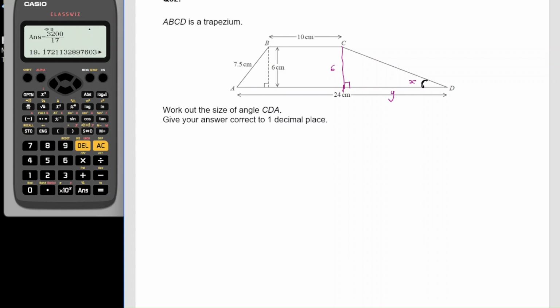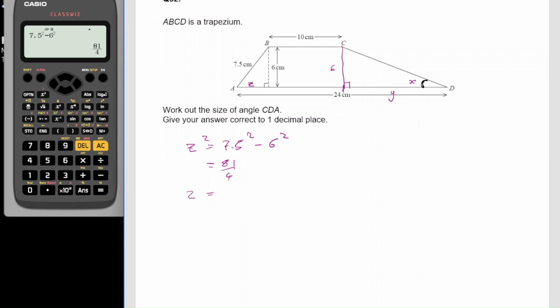To do that, it's going to be 24 take away 10, take away this distance here. So if I call that distance Z for now, I'm going to start by working out Z, 3 sides, so Pythag. So Z squared is going to be equal to 7.5 squared minus 6 squared. It's going to give me 81 over 4, which is nice because they're both square numbers.